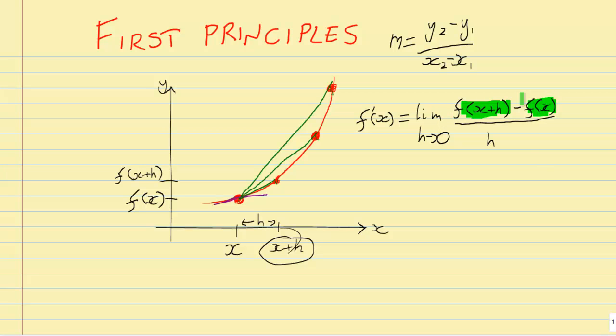Then when you subtract f of x, you're going to find a lot of different things cancelling out. Every term up the top that you're going to be left with will have at least one h in it, which means that you can cancel this h down the bottom and you're just going to have a single line of equation left. And then from that, you'll be very easily able to figure out what happens to that h value when it gets closer and closer to 0.